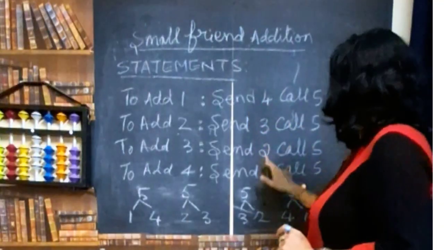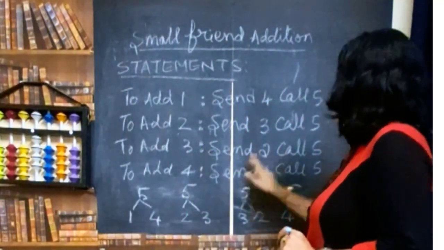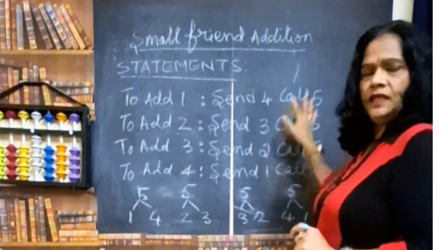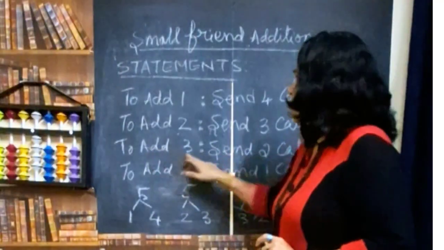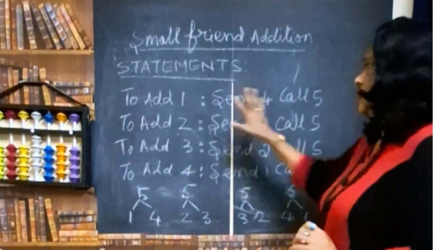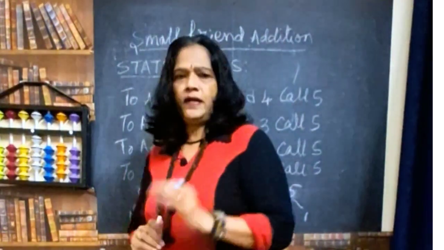The friends of the numbers are here. 1's friend is 4. 2's friend is 3. 3's friend is 2. 4's friend is 1. Call 5. This is the same for all. To add 3, send 2, call 5. To add 4, send 1, call 5. These are the statements. Once they learn the statements, it's easy to add on the abacus.